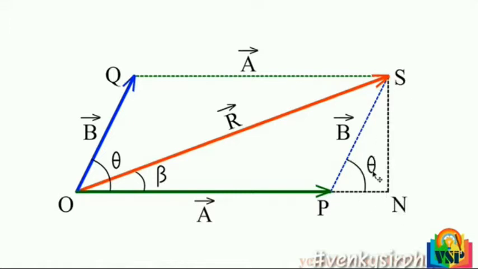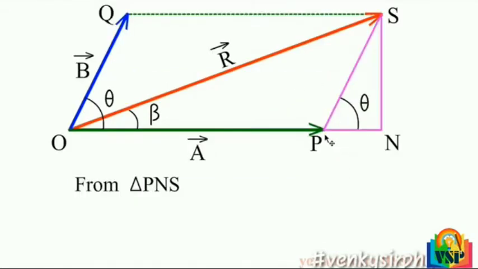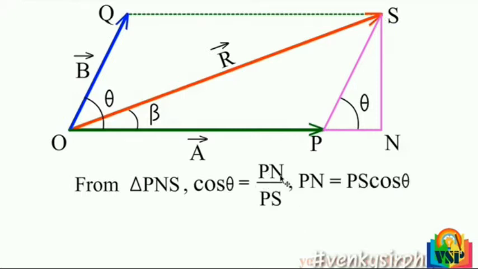We can extend OP and draw the perpendicular line PN and NS. The angle between them is the same as the angle between A and B, between PS and PN. From triangle PNS, cos theta is equal to PN by PS.